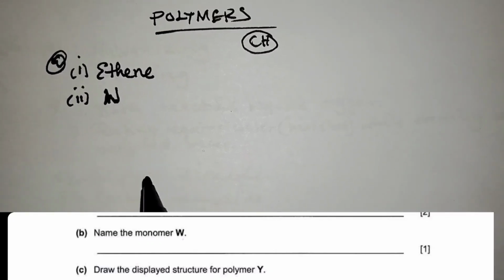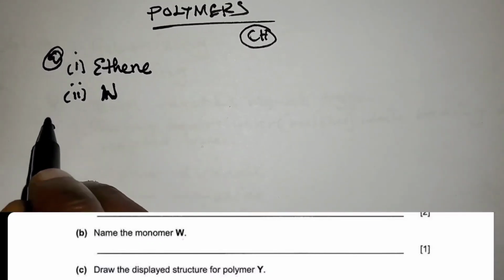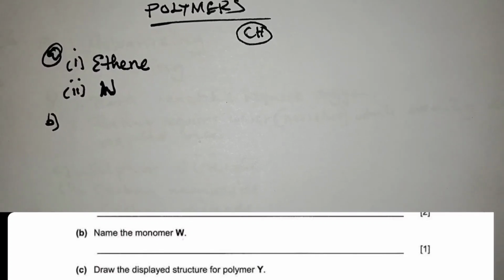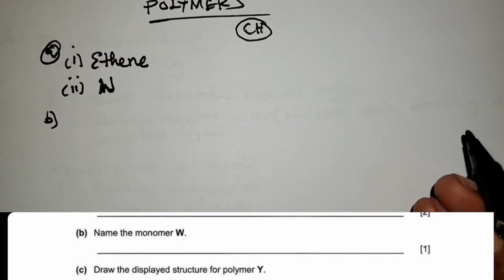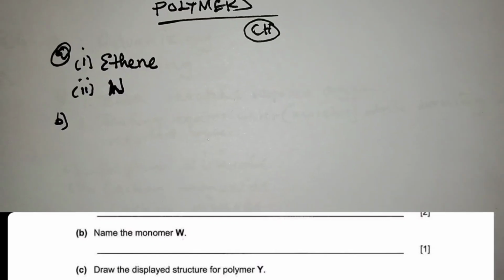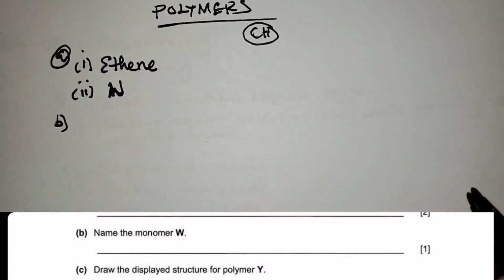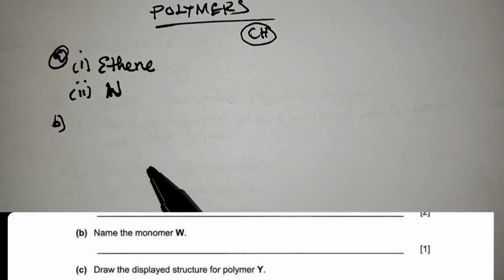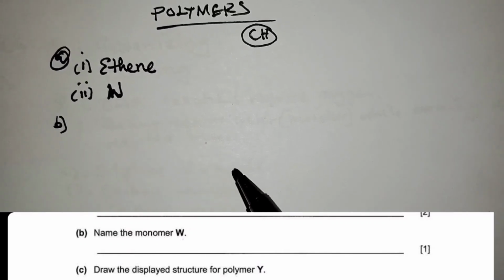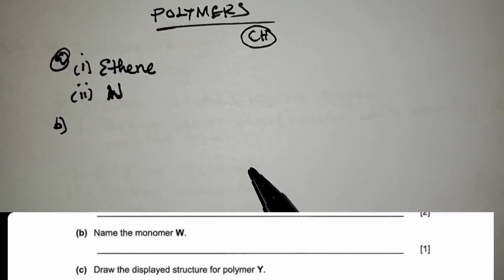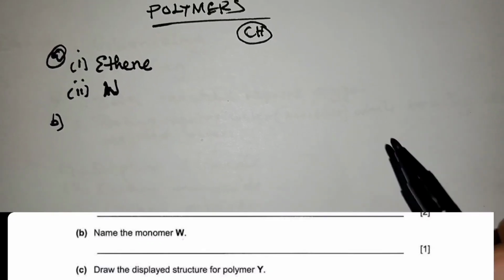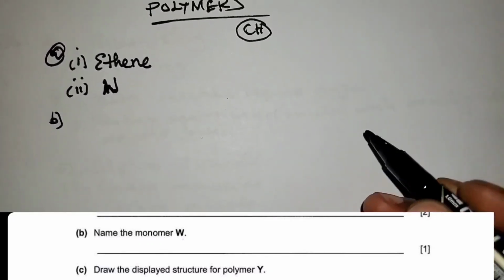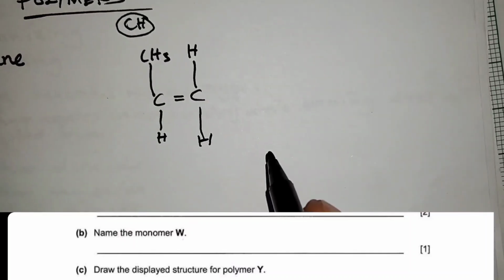Question B. Name the monomer W. How can you know which monomer this is? Remember that these are addition polymers, and we always use alkenes or unsaturated hydrocarbons. Let me show you something. Look at the structure.